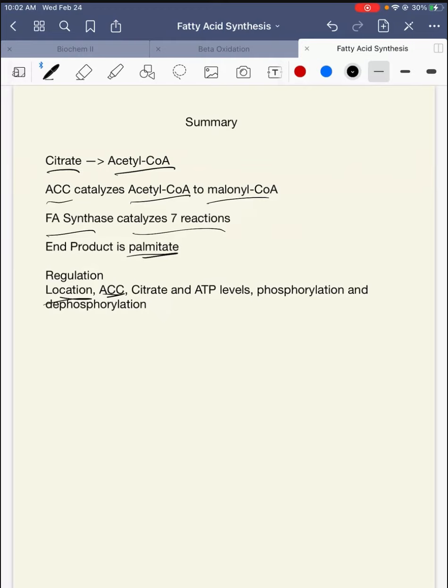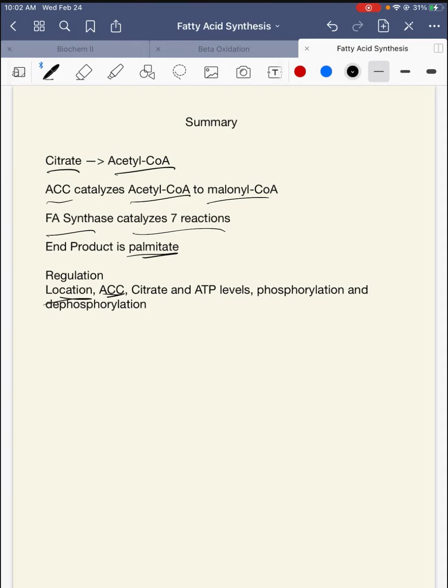High AMP levels signal low energy, which activates AMPK, and AMPK then phosphorylates and inactivates ACC, which can also be dephosphorylated by protein phosphatase 2A. So it can be regulated by citrate, ATP levels, location, ACC, and post-translational modification.